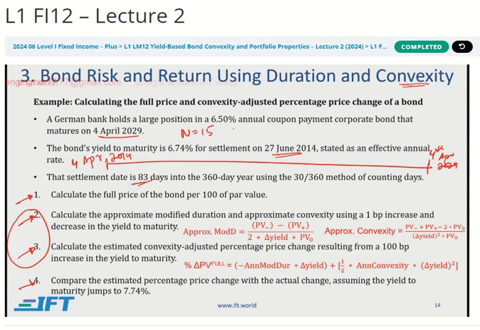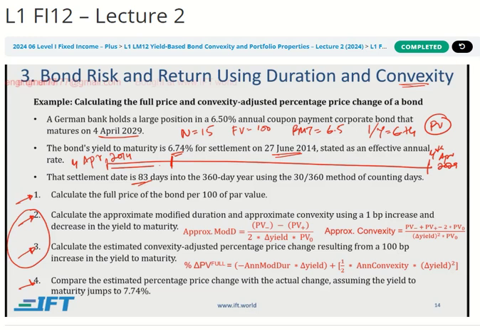You can calculate your FV, assume it's 100. PMT, you can assume 6.5% of FV, which will give you 6.5. I/Y, they have told you, is 6.74 right now. And you can compute the PV. Now, this PV obviously is assuming that you're on the 4th of April 2014, but you're not.